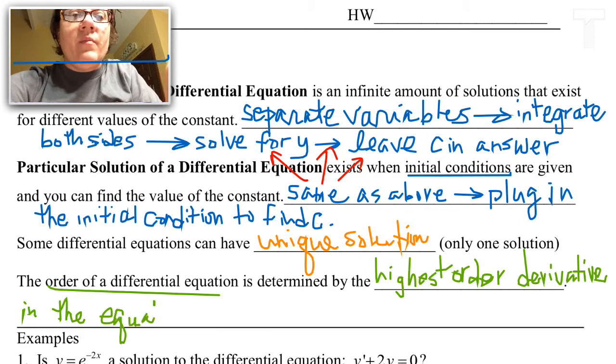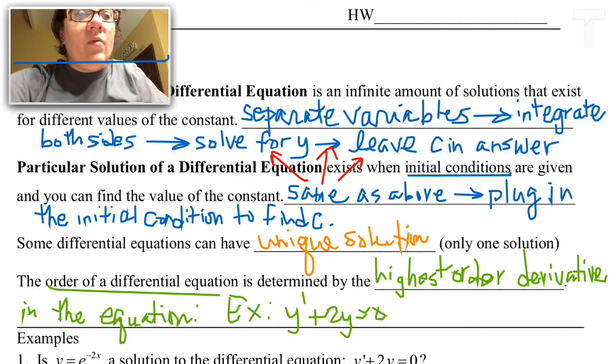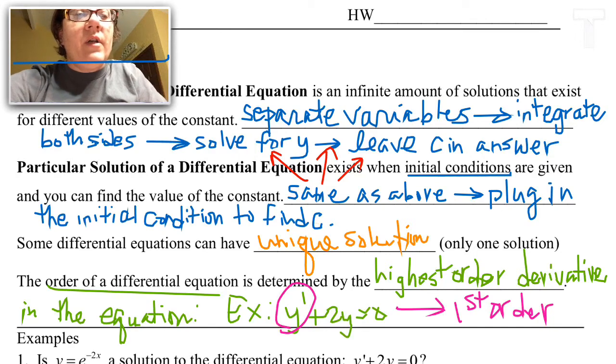So, for example, if we had this equation, then it would be first order, because the highest derivative in it would be the first derivative.